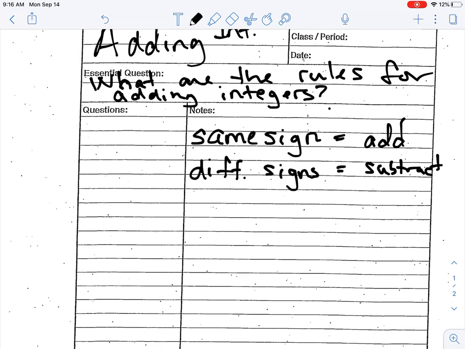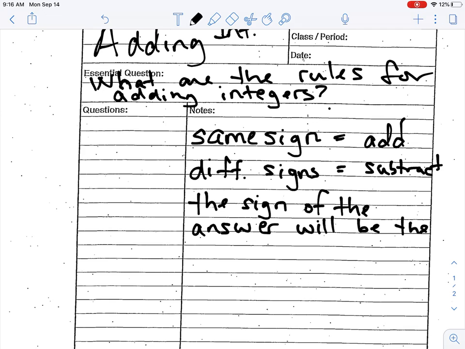And the sign of the answer will be the sign of the largest absolute value.